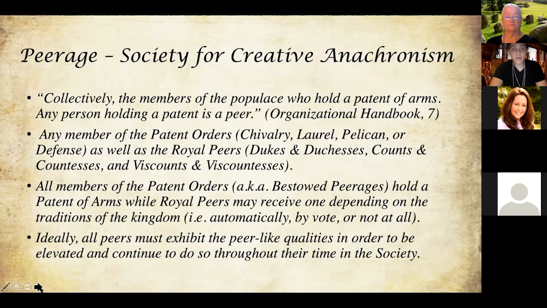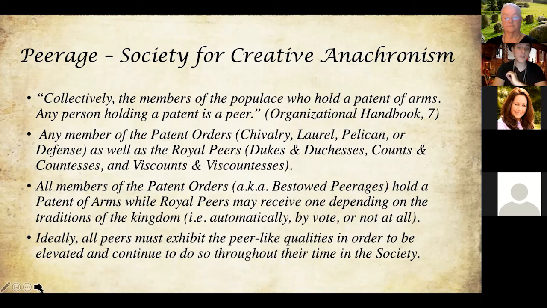And finally, we're going to touch on the peerage of the SCA, which collectively is the members of the populace who hold a patent of arms, and any person who holds a patent is a peer. And these generally come in one of two ways, whether through one of the 4 patent orders, which are the Lifetime Achievement Awards for armored combat, fencing, the arts and sciences, and service, as well as the royal peers in those situations where they are granted Duke and Duchess, Count and Countess, Viscount and Viscountess.